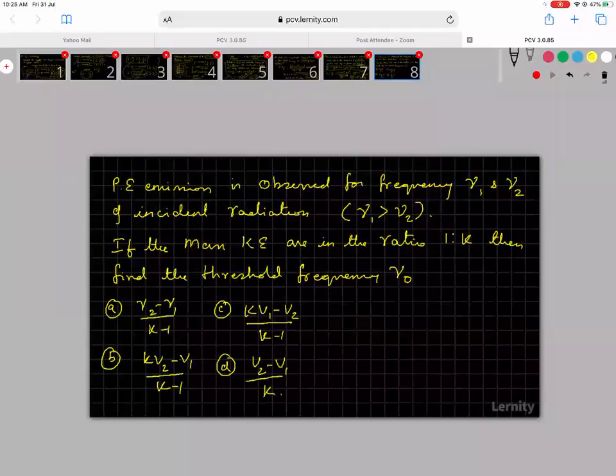Photoelectric emission is observed for frequency nu1 and nu2 given. If the maximum KE is in the ratio 1:k, then they are asking you to find out the threshold frequency.